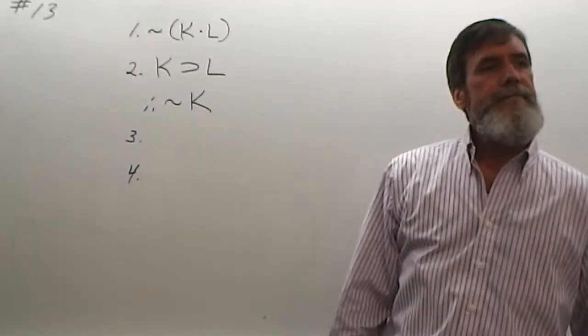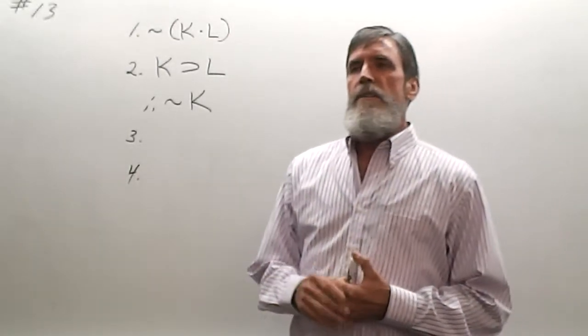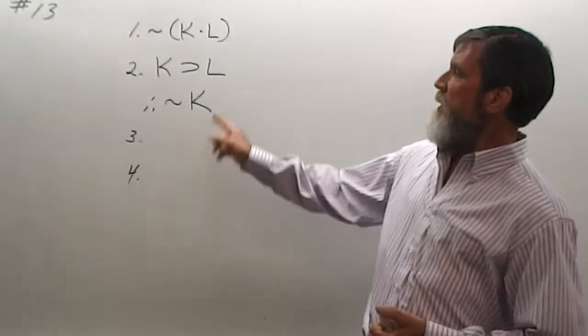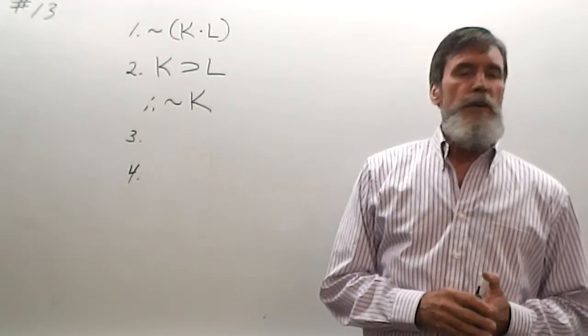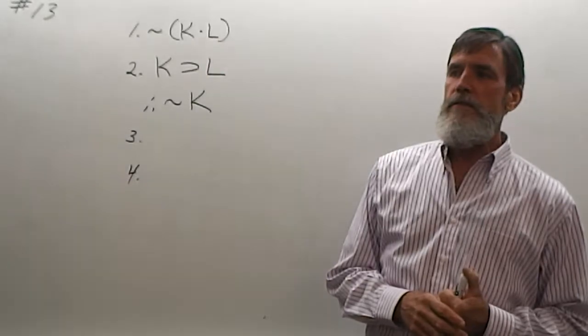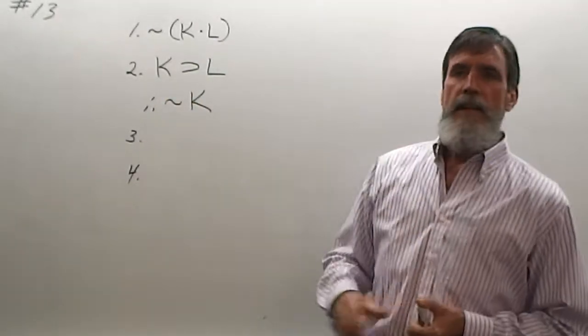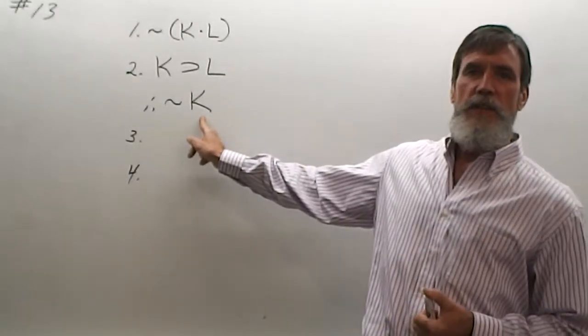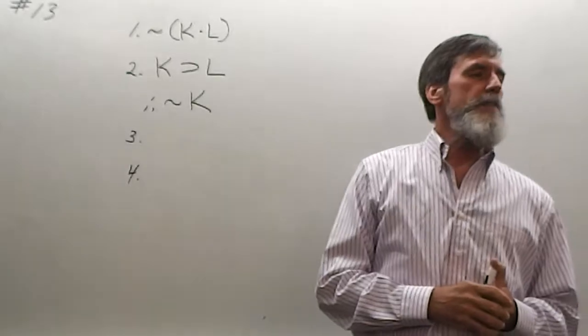Line 2, many things we could do with a horseshoe. First premise of modus ponens, in which case we would extract L. First premise of modus tollens, from which we would create curl K. And look here, that's the conclusion we're after, curl K. That sounds promising.